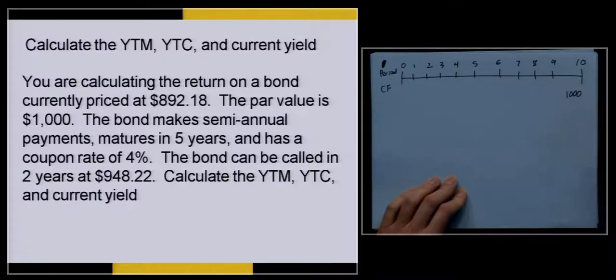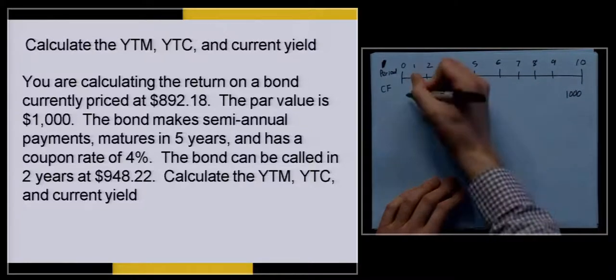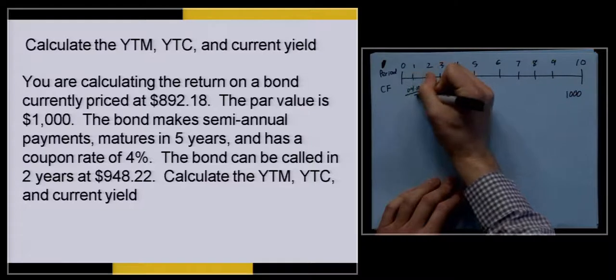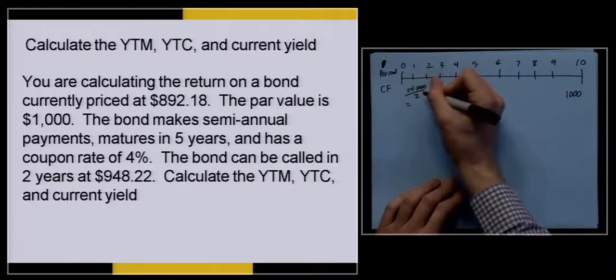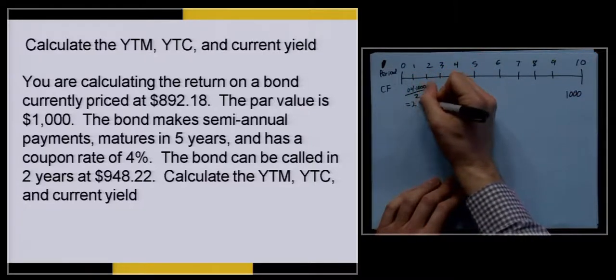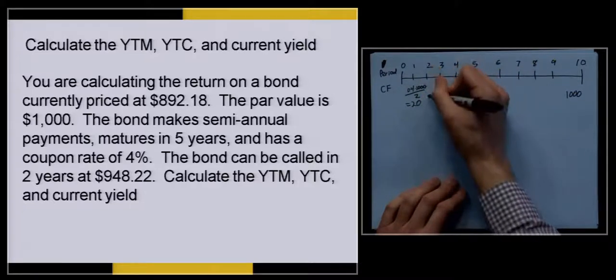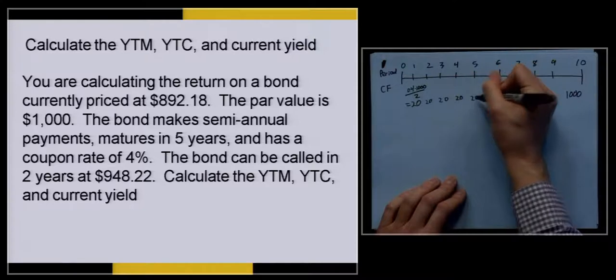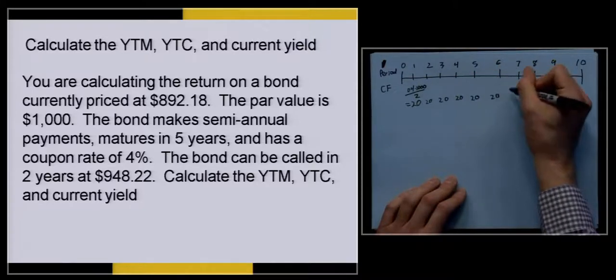In this case, our coupon payment is going to be our coupon rate of 4% times $1,000 divided by 2. That's just going to be 40 divided by 2, so 20. So that $20 is what we receive every single period.